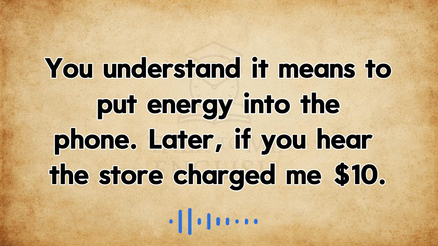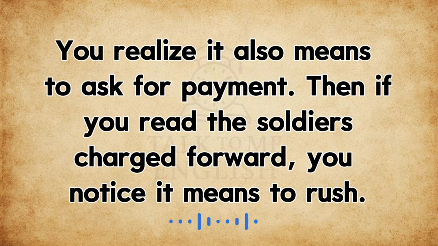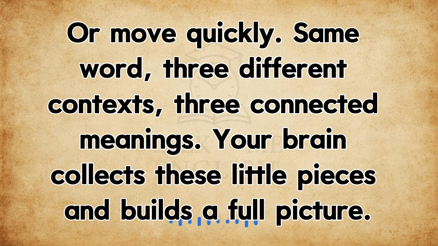If you hear the store charged me $10, you realize it also means to ask for payment. Then, if you read the soldiers charged forward, you notice it means to rush or move quickly. Same word. 3 different contexts. 3 connected meanings. Your brain collects these little pieces and builds a full picture.